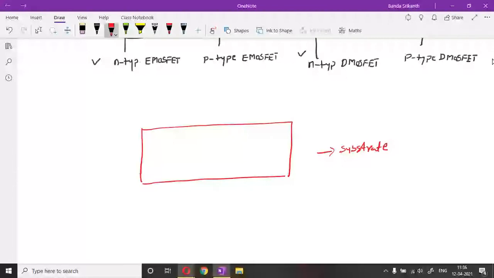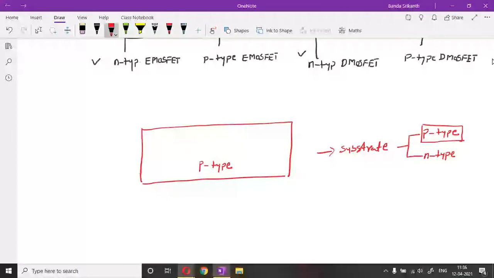Two types of substrate are available: one is P type substrate, another is N type substrate. But mostly available substrates are P type only.